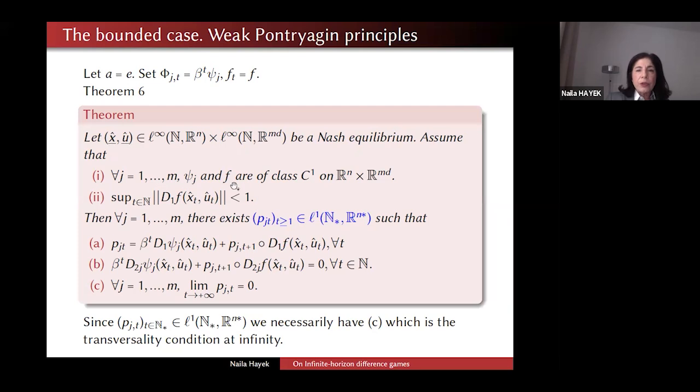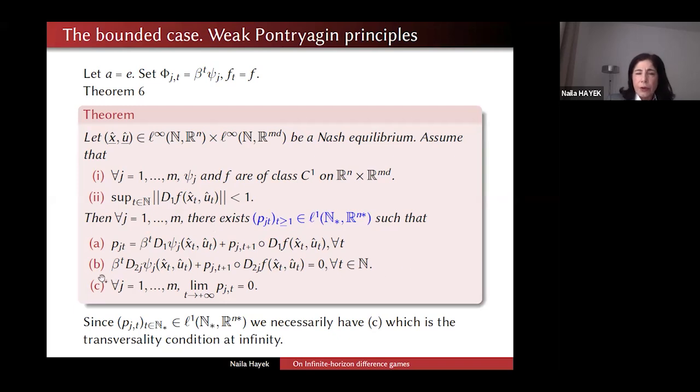So assume that we have good conditions: the psi j and f are of class C1. We have these conditions on the supremum of the norms of the partial differential of f with respect to the state. Then there exist adjoint variables. What's good here is that I'm going to find my adjoint variables in L1, such that I have the adjoint equation.